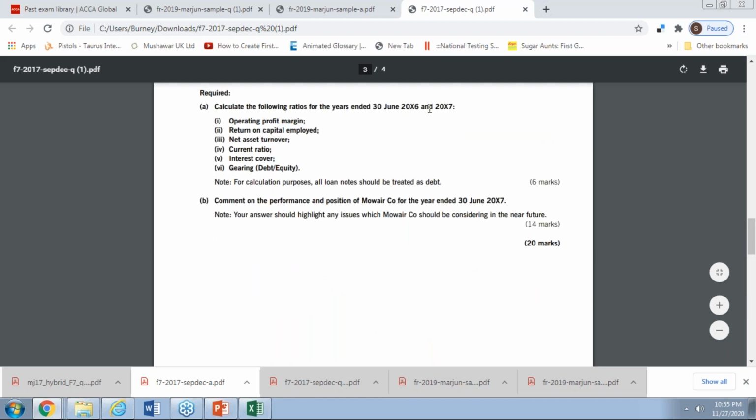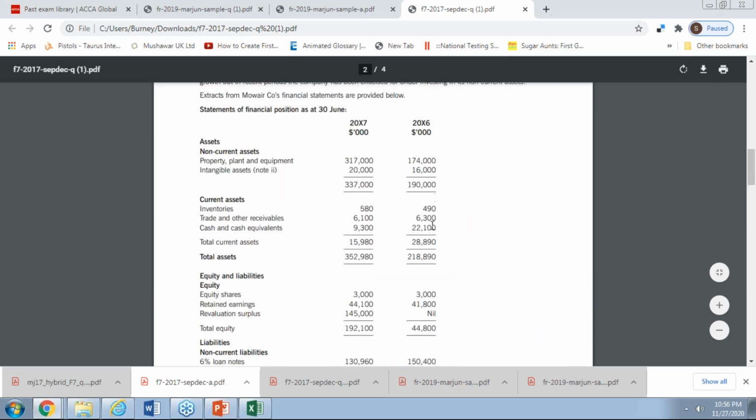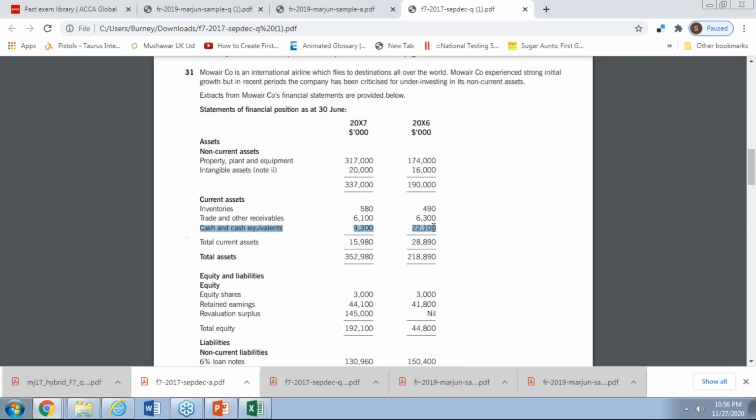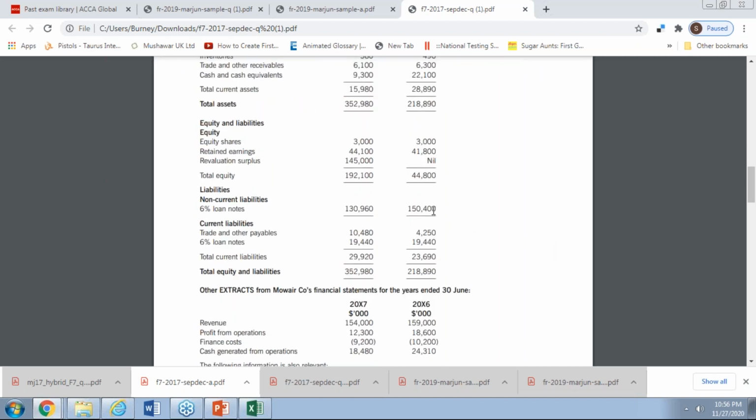Yes, you can see that the cash flow of the company is reducing because you have to pay the annual installment of 19,440, and at the same time you have to pay the interest costs. And when you compare the debt and the equity, in the last year we have equity of only 44,000, and the debt is 1,50,000.